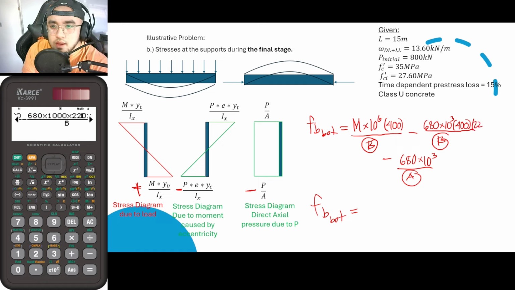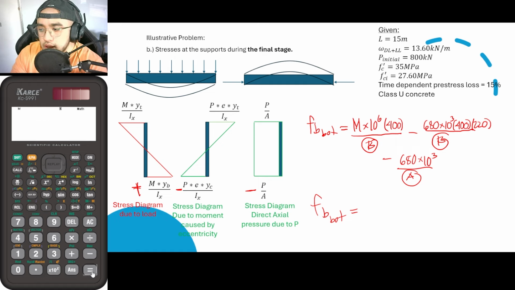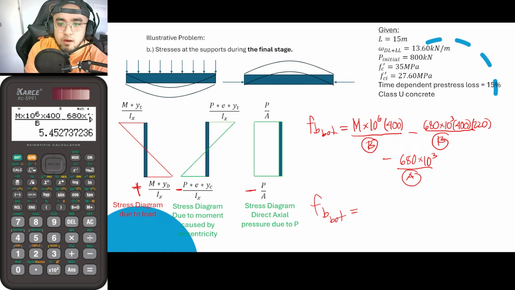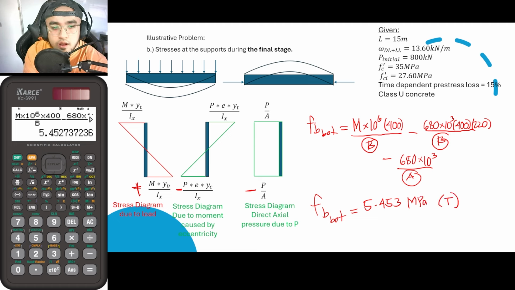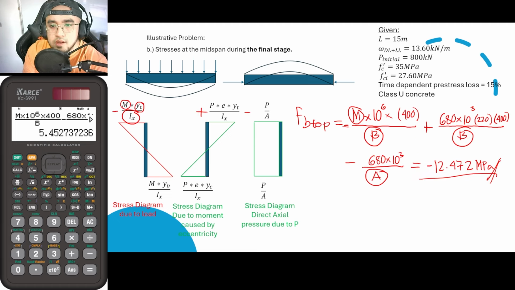So times 220 times 400 divided by alpha B minus 680 times 10 raised to 3, or times 1,000, divided by A. So our answer here is now 5.4533 megapascal. Since this is positive, this is now under tension. Then from a while ago, since this is negative, this is now under compression.